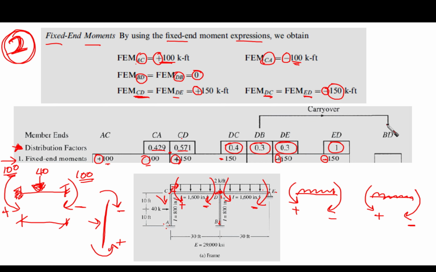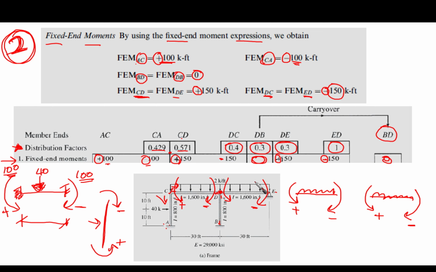We're going to put it in a separate column, as you can see. And as we did before, DB and BD do not have any fixed end moments, so here we have 0. It is 0 here and 0 here.